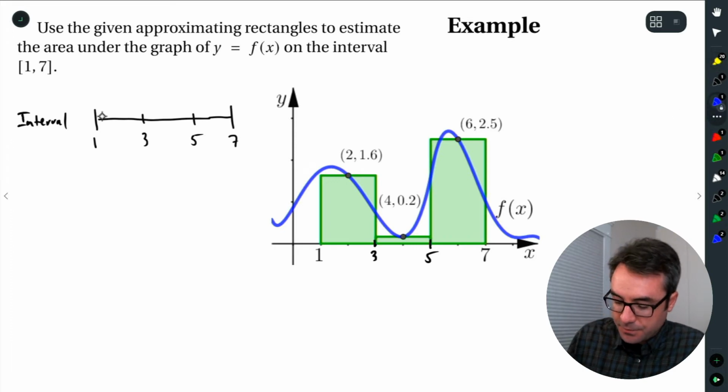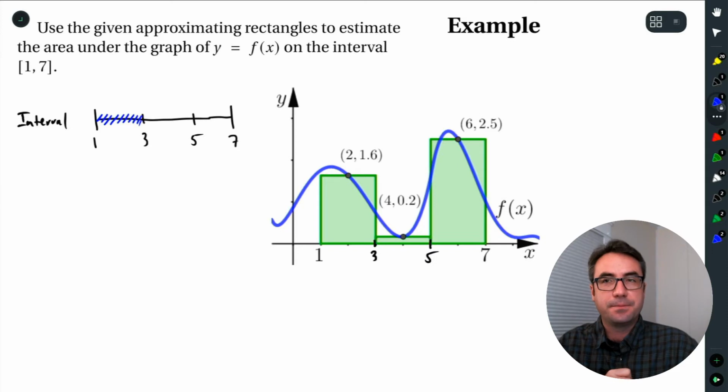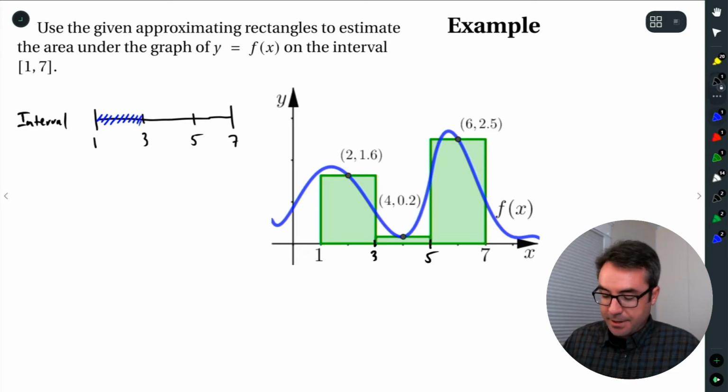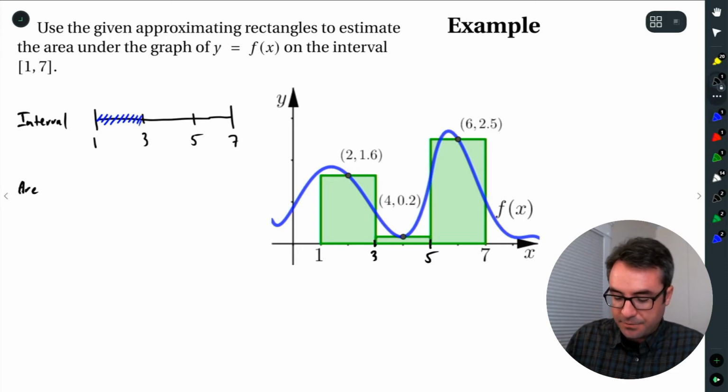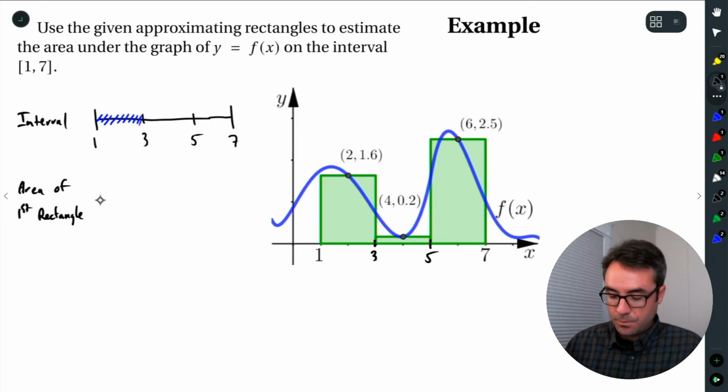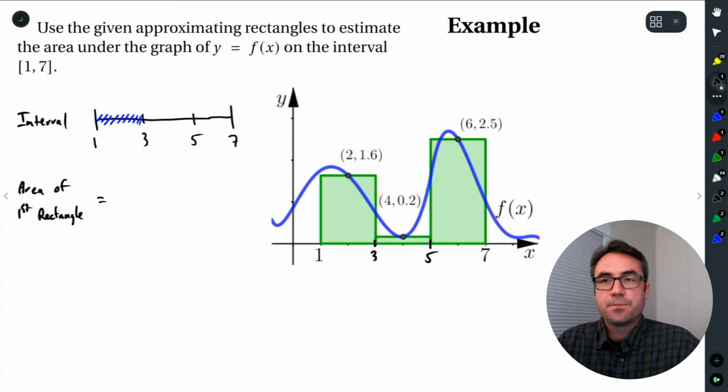So let's look at this first subinterval from 1 to 3. Let's get the area for that first rectangle. All right, so what's the area for a rectangle?